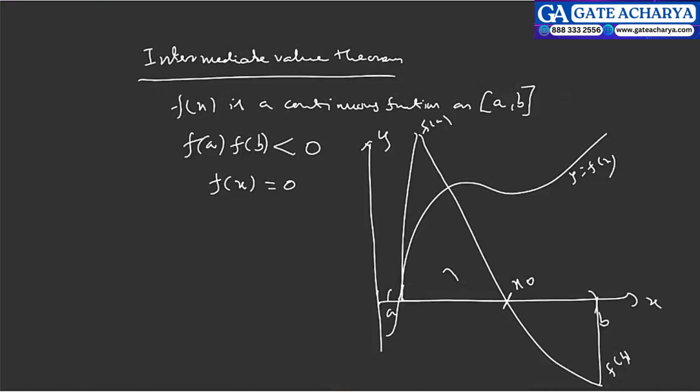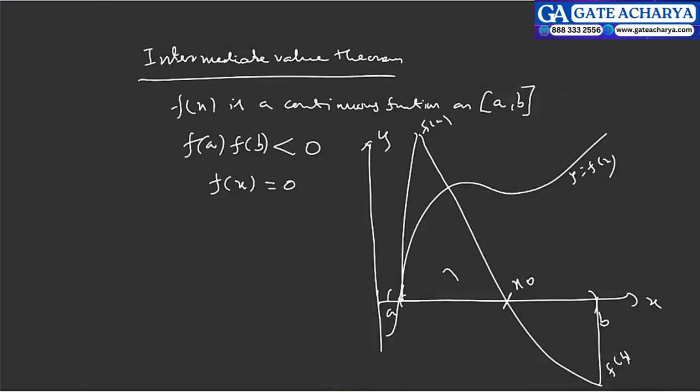That is the intermediate value theorem. The theorem says that for an interval [a, b], we calculate f of a and f of b, and if both are of opposite sign, then the curve between f of a and f of b meets the x-axis at some point x naught, which definitely lies between a and b. That is, at least one real root lies between a and b.